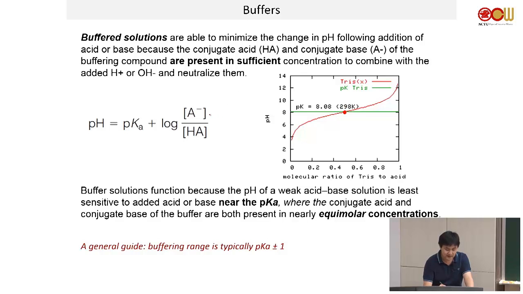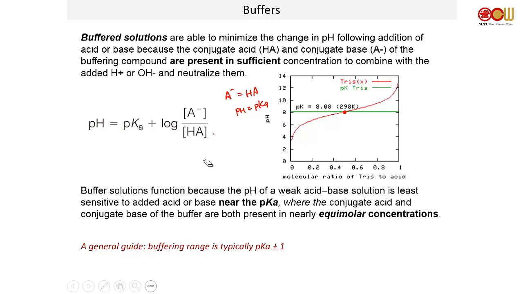That is when A- equals HA, right? So when A- equals HA, this term drops out, pH equals pKa. Okay, we're cool. So let's say when your A- or your HA, it's in enough quantities, okay?